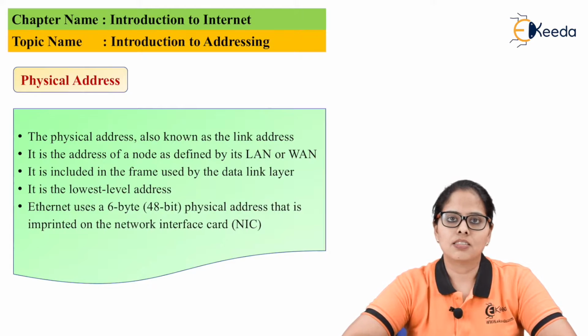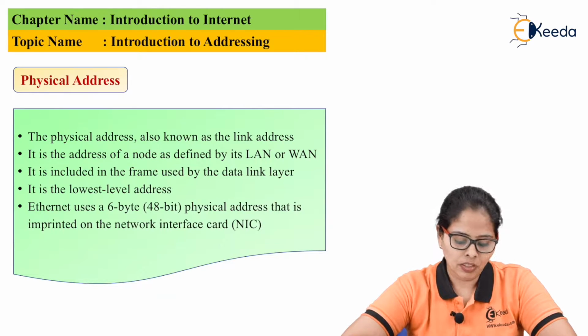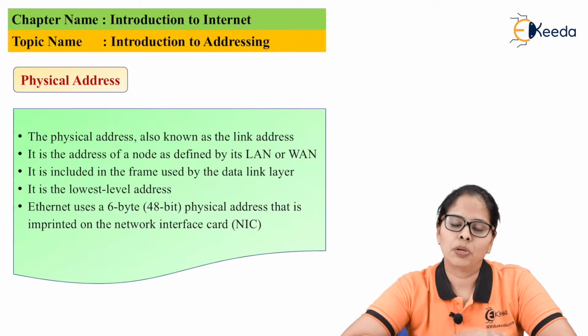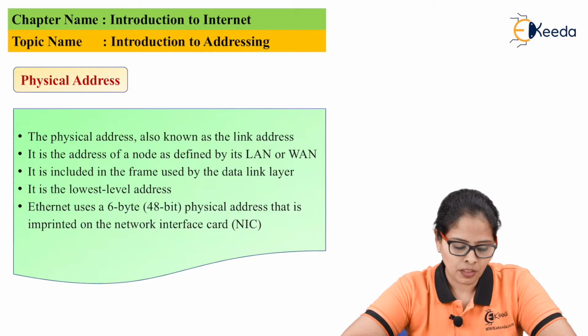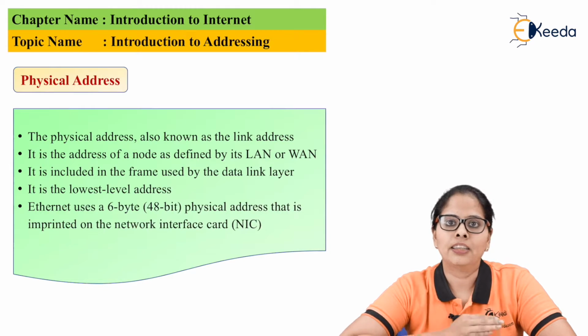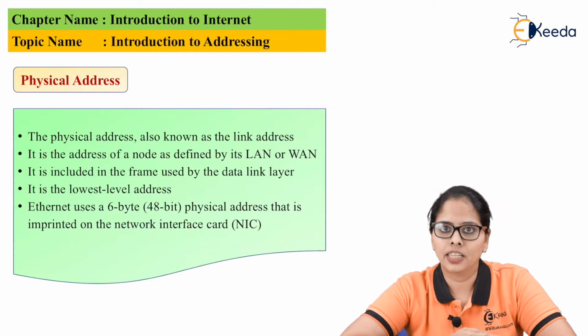Now let us discuss the physical address. The physical address is also known as a link address because this addressing is done by the data link layer. It is the address of the node as defined by its LAN or WAN. Basically in the link layer, your device is connected by an Ethernet cable.